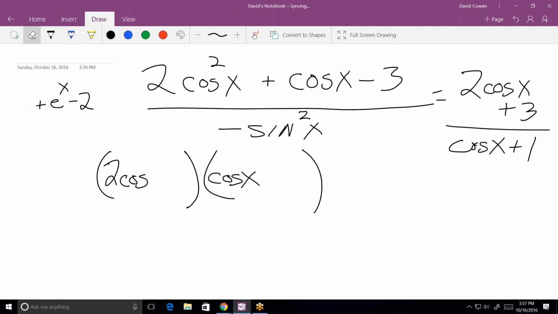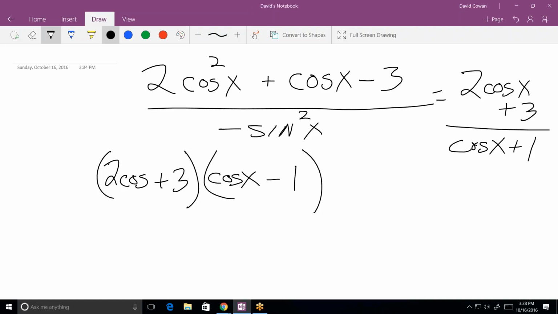Lots of things will fit the formula of a quadratic, and when they do, you can factor them. Let's see, this has to be plus 3 and minus 1. And now we produce that middle term of plus cosine x.